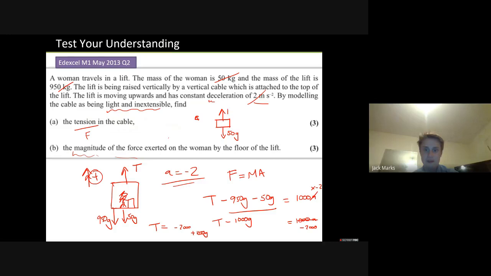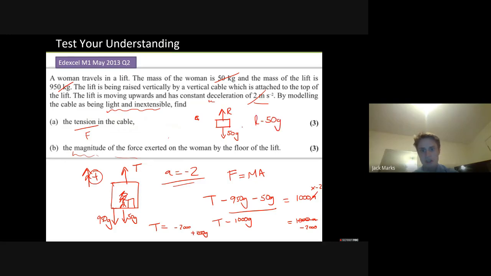And then there is a reaction force from the lift. What else is going on here? Well, we've also still got the acceleration from the previous part of the question. So I can turn this into an F equals ma.